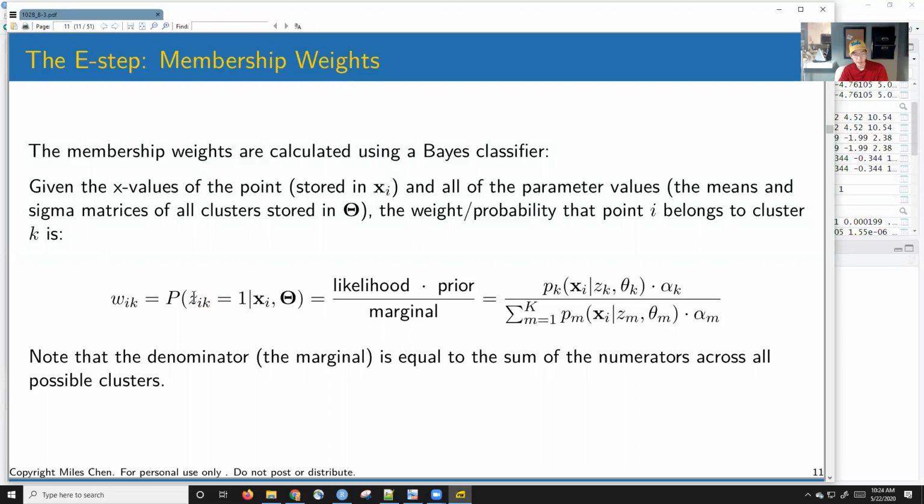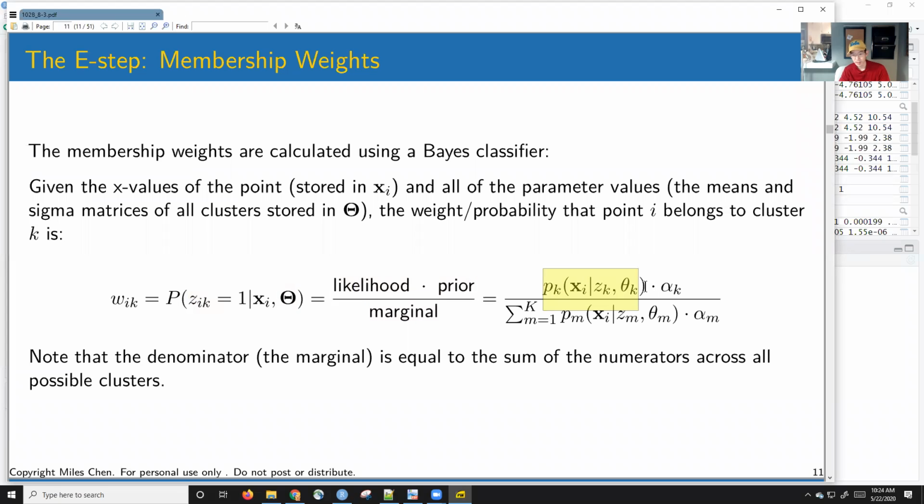To say point i belongs to cluster k is designated by the probability that z_ik is equal to 1, and everything else is 0, given the value x_i and all of the theta parameters. We're going to say this is Bayes rule: likelihood times prior divided by the marginal.